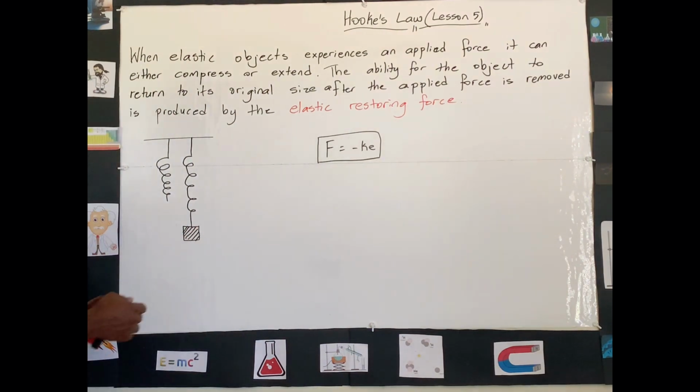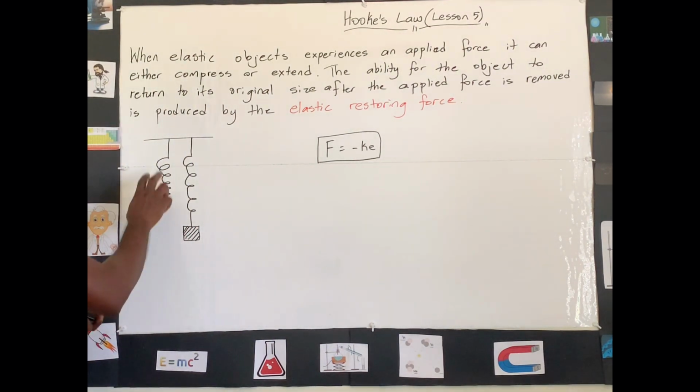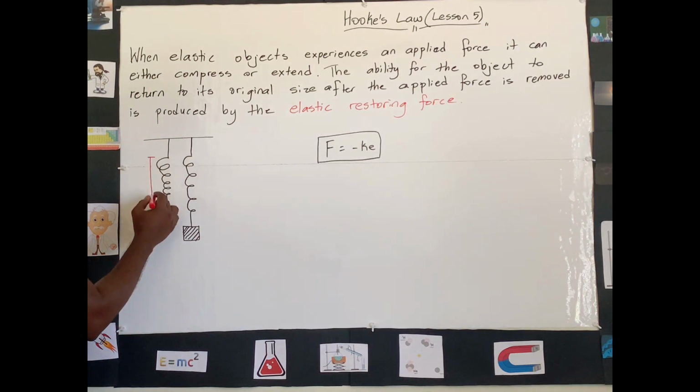Now, if we take this example where we have a regular spring, this spring is not extended, so it has no external masses applied to it, so therefore this length we can call L, our original length. Let's put Li, initial length.